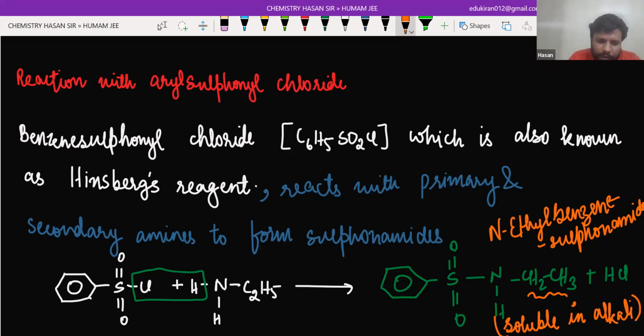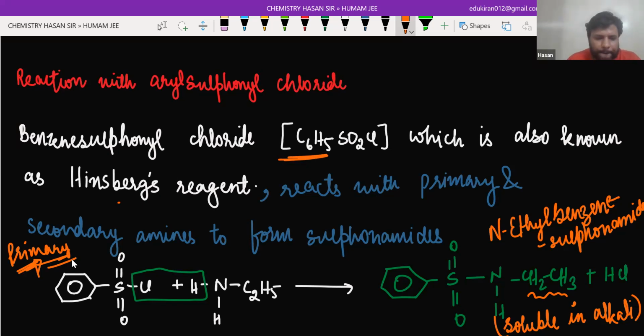There will be another reaction that we will see. So this reagent is called Hinsberg reagent, and this is for primary. For secondary I will show you. In primary you will get a product that is soluble in alkali.